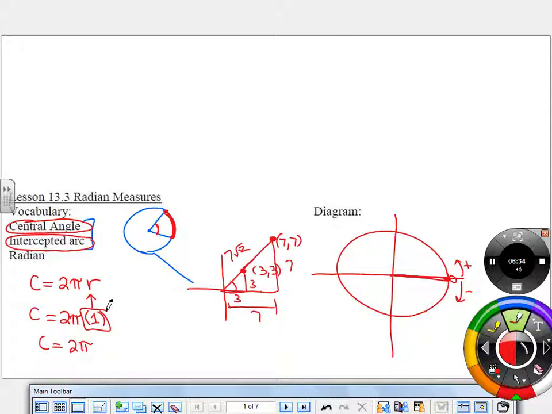So if I want to go all the way around this unit circle, how far do I have to travel? 2 pi, the entire circumference. So this position that we used to call 360 degrees, in radians, it would be called 2 pi, but it means the same thing as 360 degrees as far as where the position is that you end up. So in radian world, once around the circle is 2 pi. In degree world, it was 360 degrees.